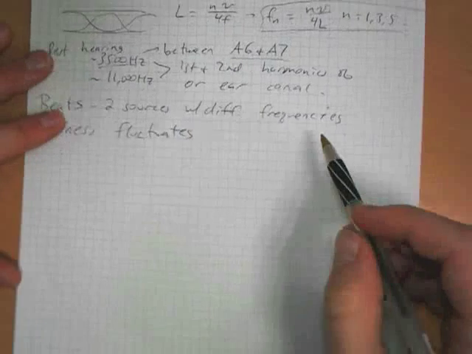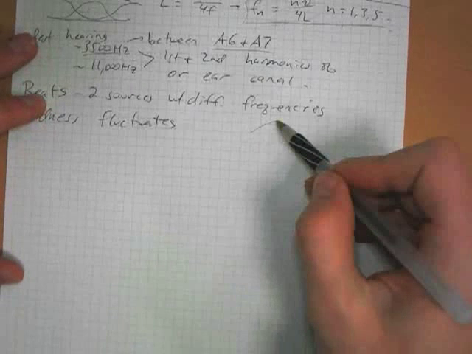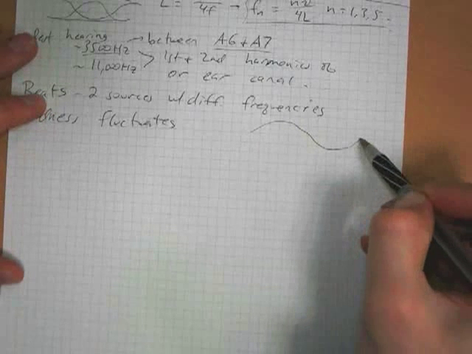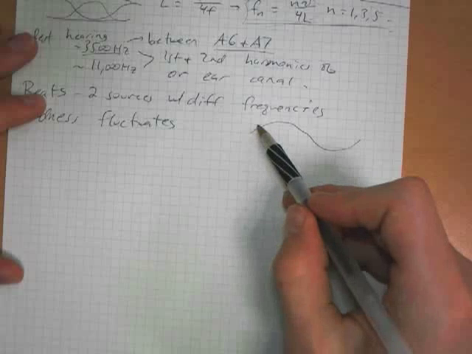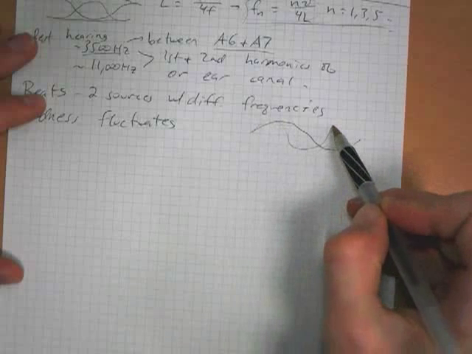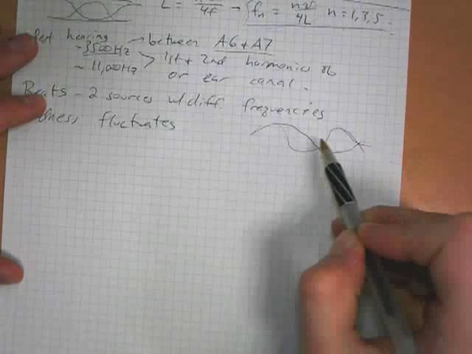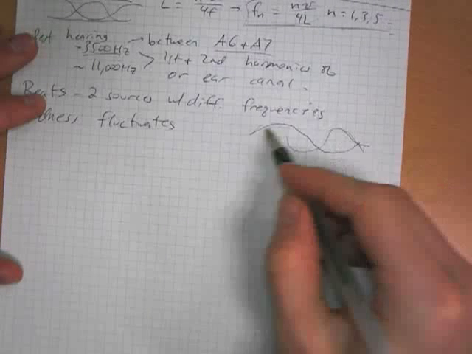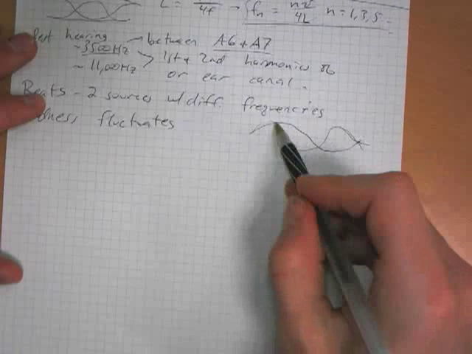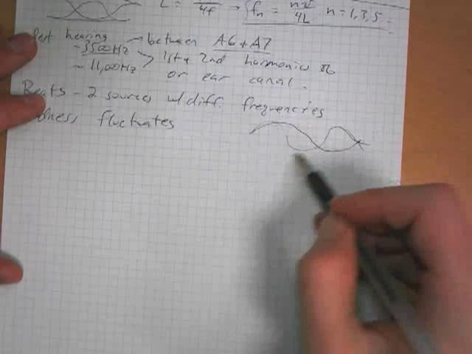For example, if you have a sine wave that looks like this, and you're overlapping that with a sine wave that looks like this, they're going to add, but they're at different points. They might have destructive interference at some places, and constructive interference at other places, and the wave's going to be all goofy.